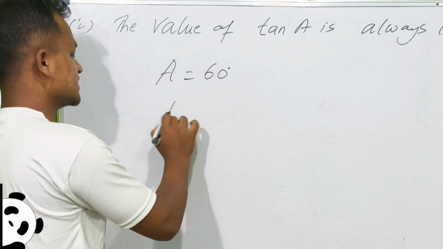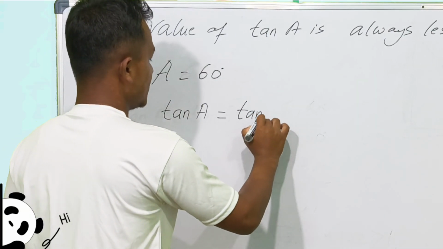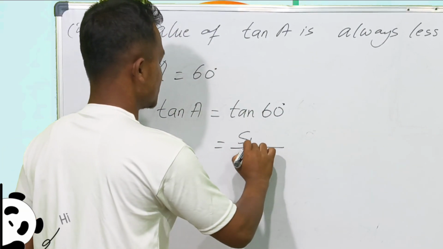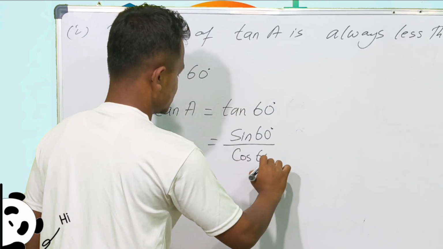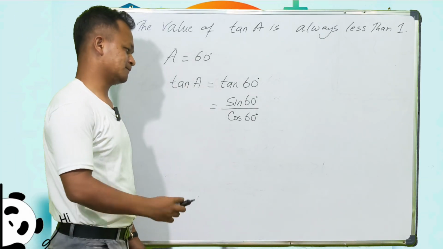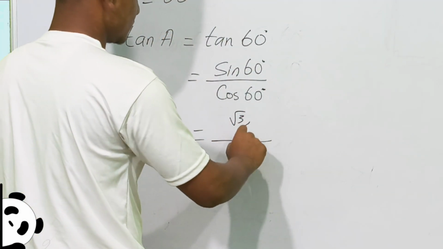Now if A is equal to 60 degree, then tan A is equal to tan 60 degree, and tan 60 degree is equal to sin 60 degree divided by cos 60 degree, as tan theta is equal to sin theta by cos theta. And sin 60 degree will give you root 3 by 2.